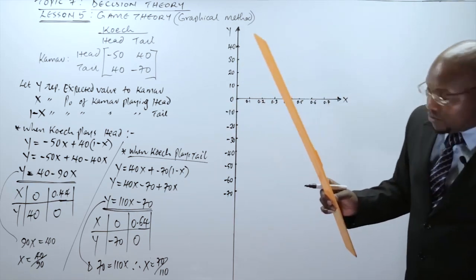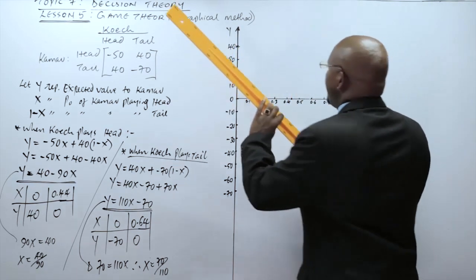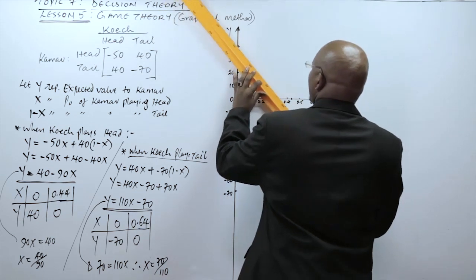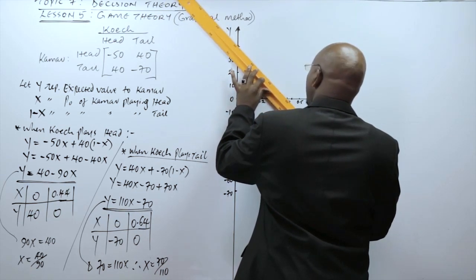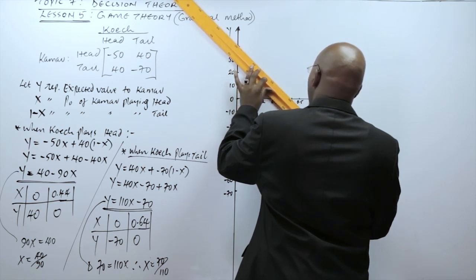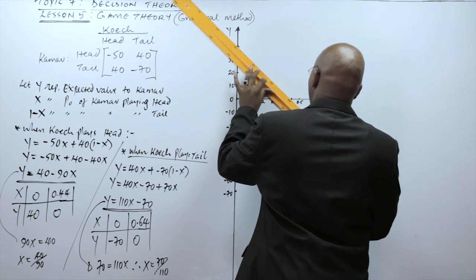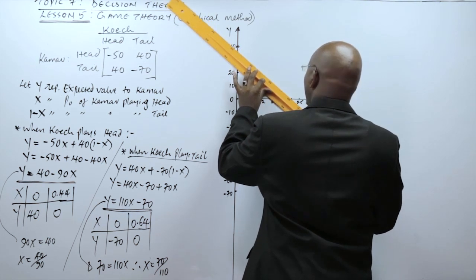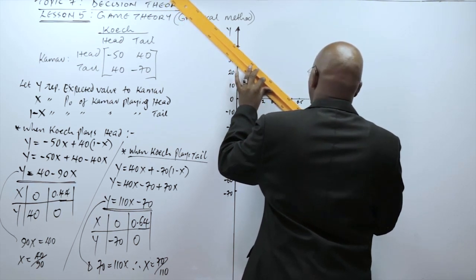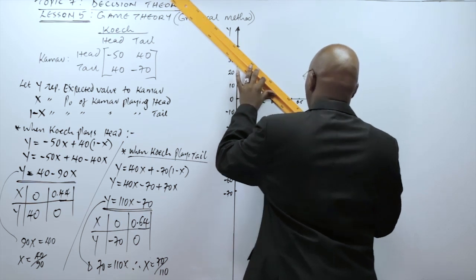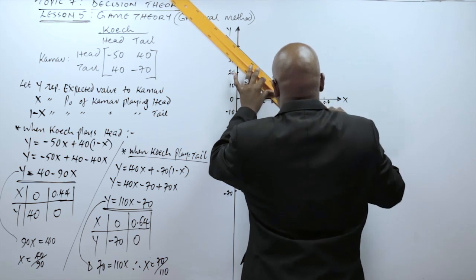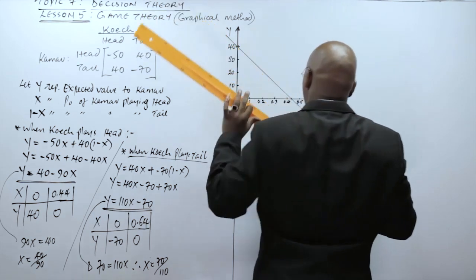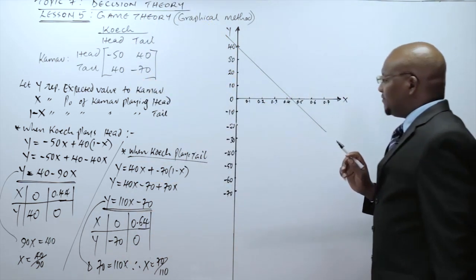So we'll have it this way, 40 and 0.44. So this is my first line.